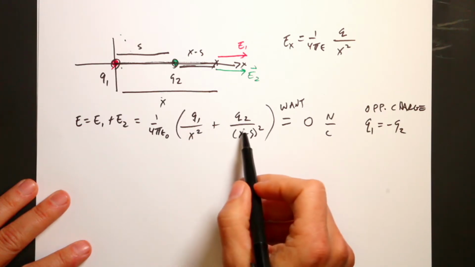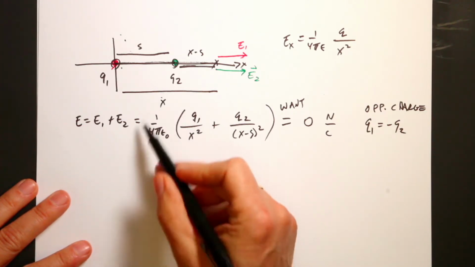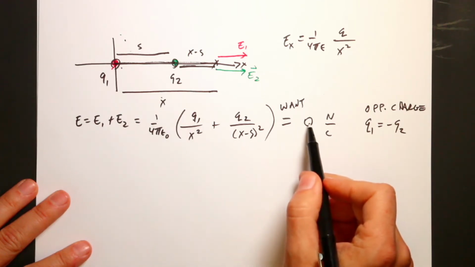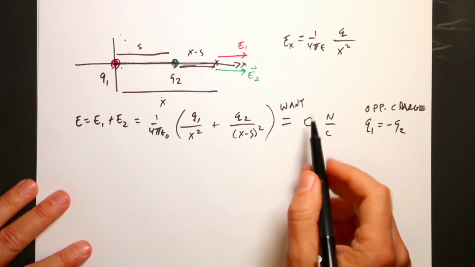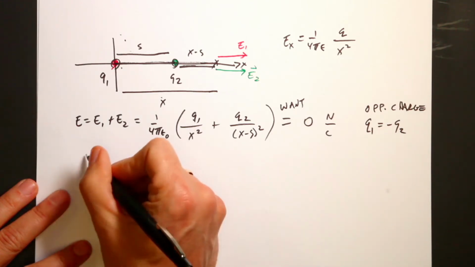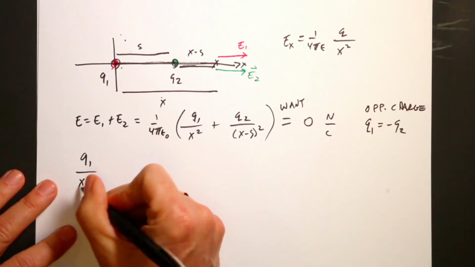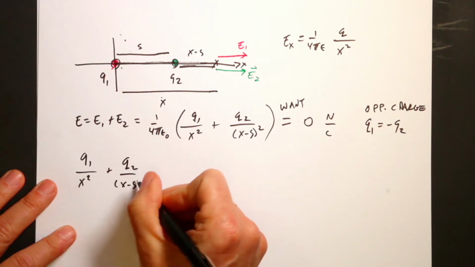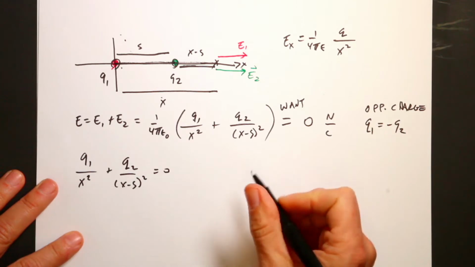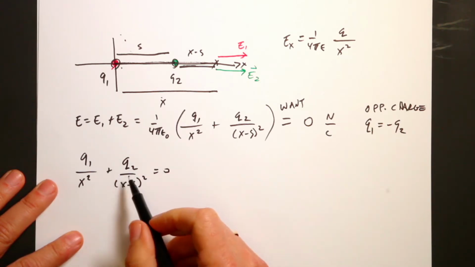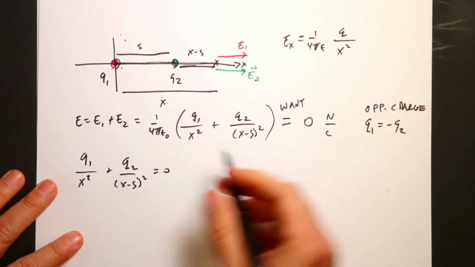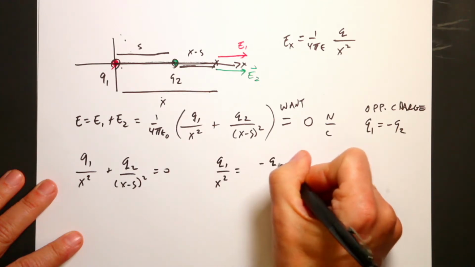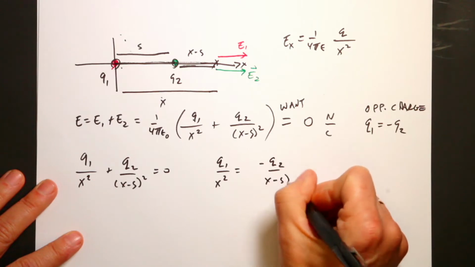Okay, so now that's why I don't need this constant right here, because I can multiply both sides by 4 pi epsilon naught, and it cancels, and I get 4 pi epsilon naught times 0 is 0. So I get Q1 over X squared plus Q2 over X minus S squared equals 0. I'm going to now subtract this from both sides, and I get Q1 over X squared equals negative Q2 over X minus S quantity squared.